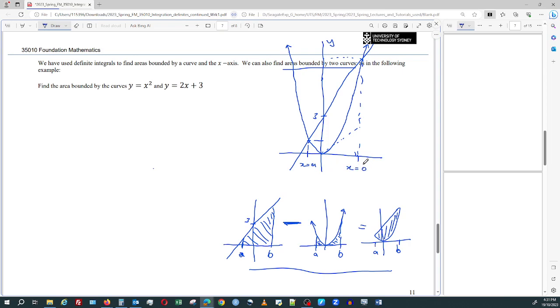Now, here's the thing. They both have the same y value. y is equal to y here, and y is also equal to y here. That's a truth. They both have the same y value for a given x value. However, we can't compute y equals y.